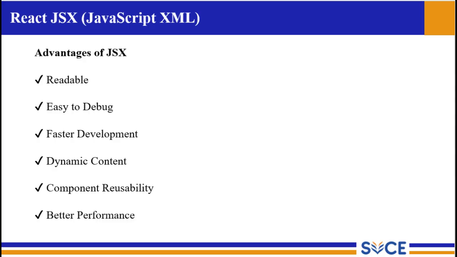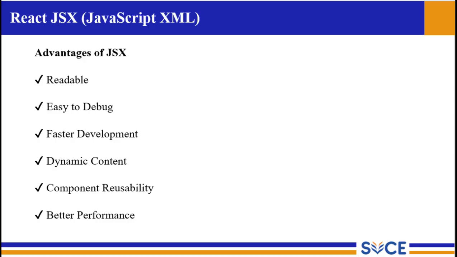The third advantage is that JSX supports dynamic content. Modern web applications are expected to display information that changes continuously based on user action or data received from the server.